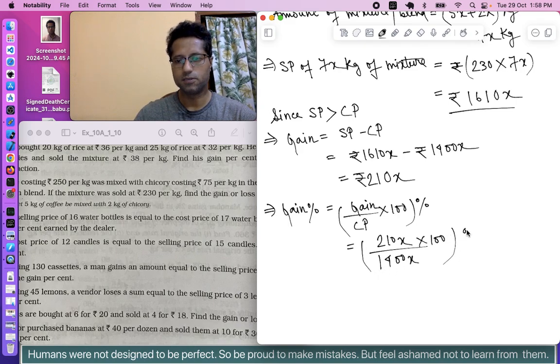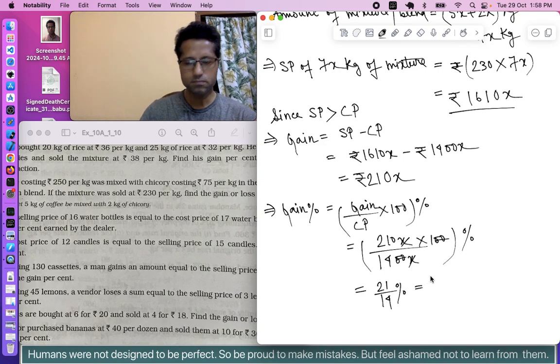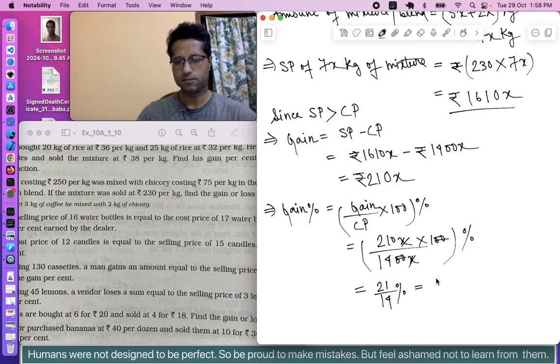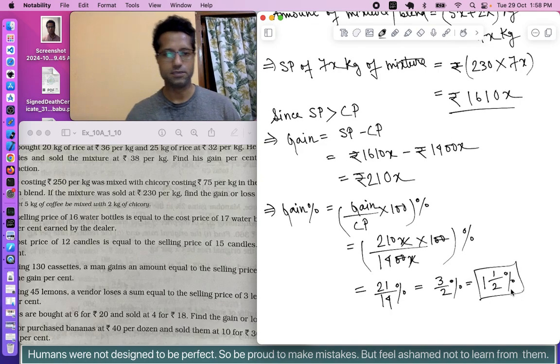If you simplify, x cancels out, 0 cancels out, and we have 21 by 14 percent. This can be further simplified as 3 by 2 percent, which is 1.5 percent. So there was a gain of 1.5 percent.